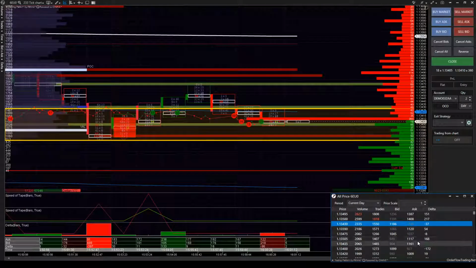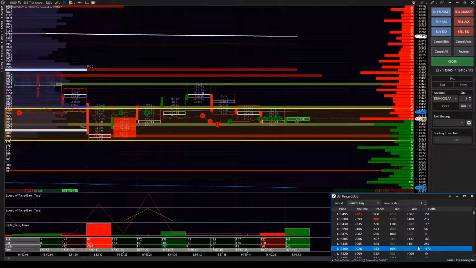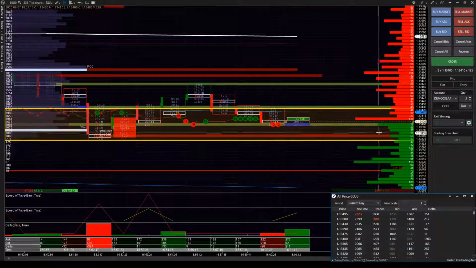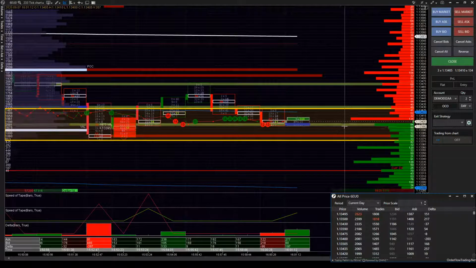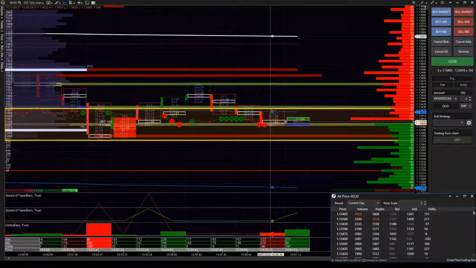We have some negative delta here at 134, which is right here, at this green line.